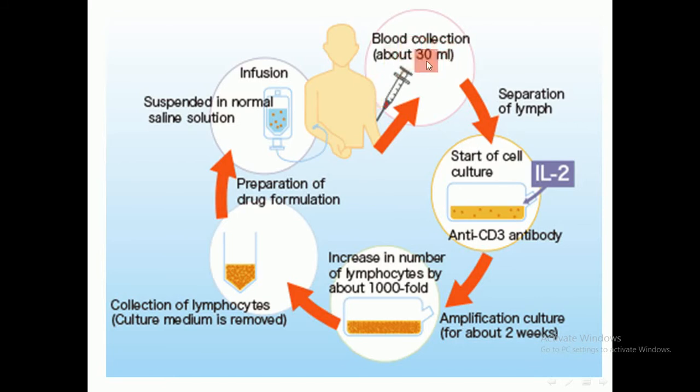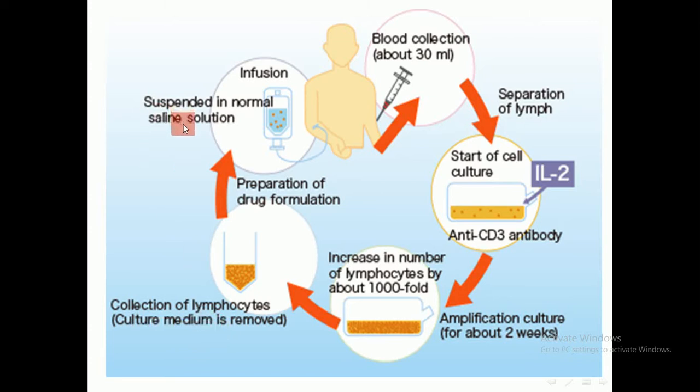This is a patient with cancer, and we collect his blood, about 30 cc, and then separate the lymphocytes from his blood and start to culture them by tissue culture with anti-CD3 antibody, and then there is a proliferation and amplification of these T cells.